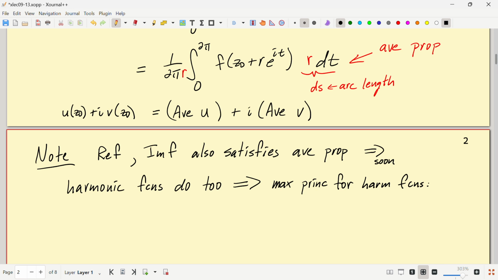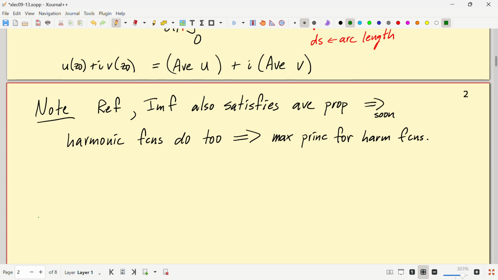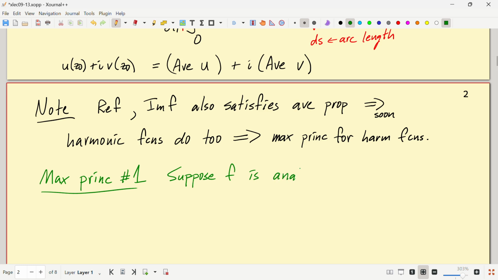Okay, so I'm going to call the first version of this, the classic one, maximum principle number 1. Here it is. Let's suppose f is analytic on a domain omega, an open connected set.